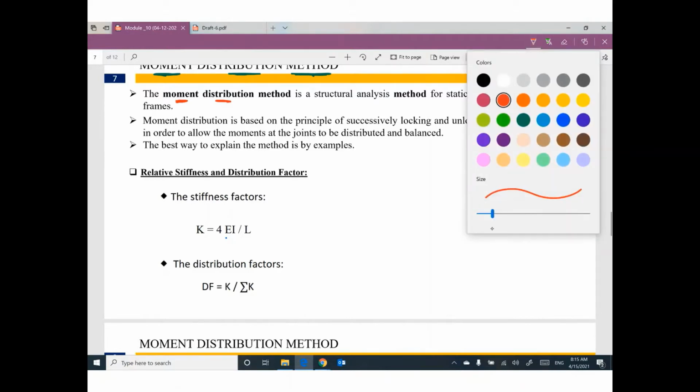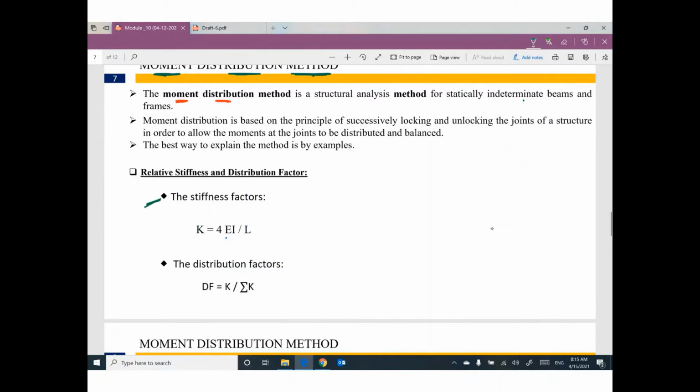I started with the first term, stiffness factor. This stiffness factor is an indicator for the strength, whether this member is strong or weak. This factor K equals 4EI divided by L. So for example, if you have a beam, looks like this.